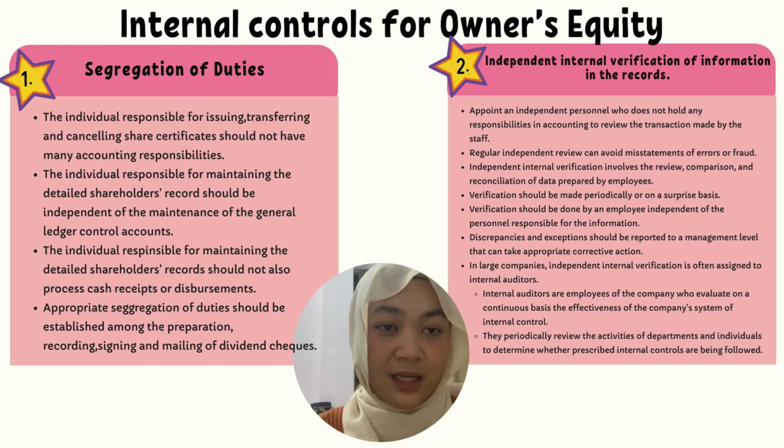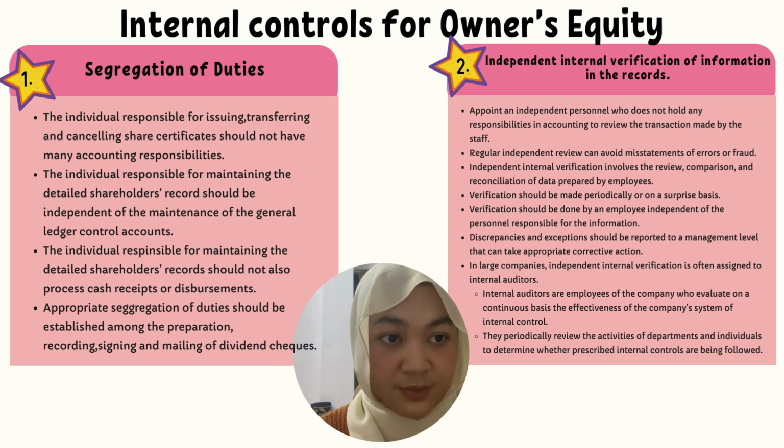The next internal control is segregation of duties. The first bullet point would be the individual responsible for issuing, transferring, and cancelling share certificates should not have any accounting responsibilities.